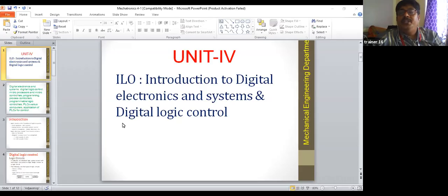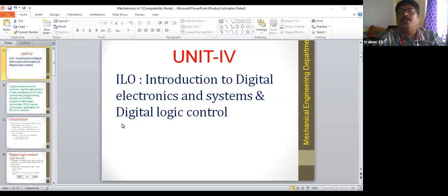In unit 2, we discussed solid state electronic devices. In that, we discussed the diode, that is PN junction diode, forward bias, reverse bias, and the transistors, NPN transistor, PNP transistor. And then next we discussed the field effect transistor. In that two types are there: JFET, junction field effect transistor, and MOSFET, metal oxide semiconductor field effect transistor.